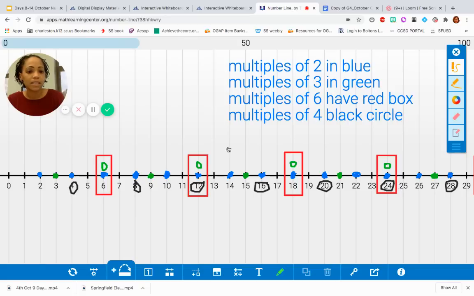Oop, gotta select it. So 8. Good. 16 is a multiple. Good. 24.